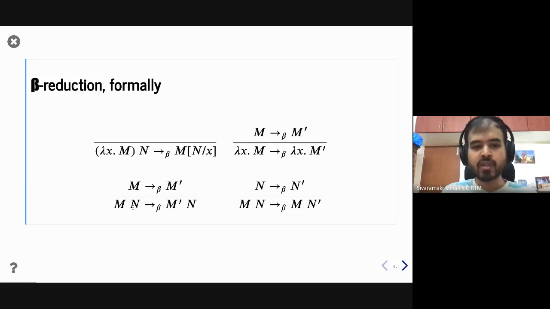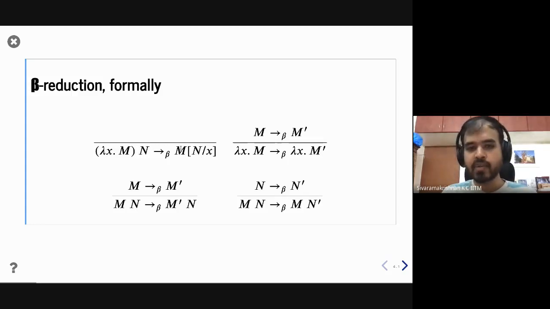So if you can go from m to m prime, then the whole expression can go from mn to m prime n. In the same way, if you can go from n to n prime, then you can go from mn to mn prime.